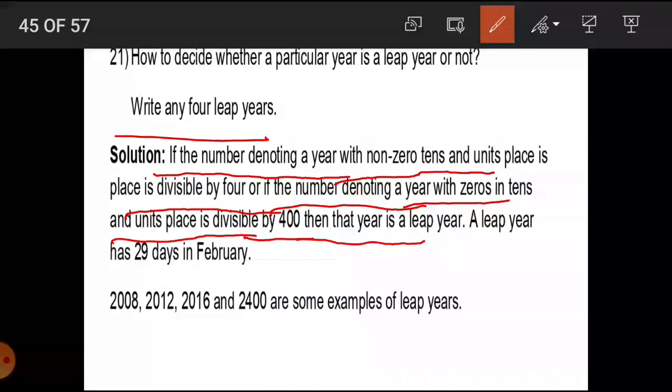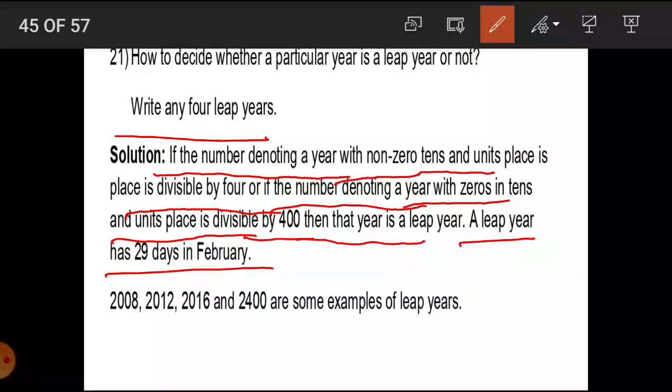Very simple. And a leap year has 29 days in the month of February.